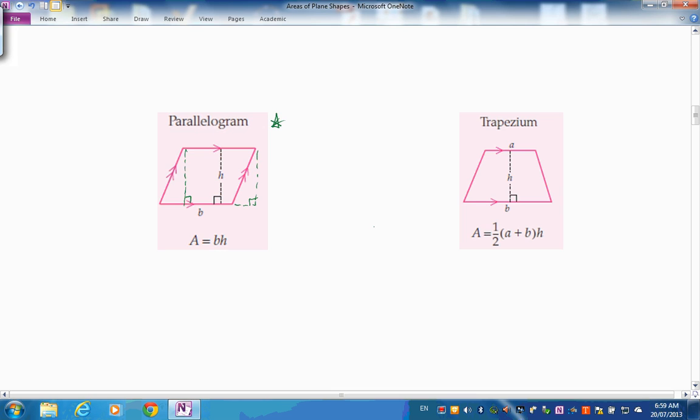So, if you do that, this will complete a rectangle in there. And what do you notice about the green rectangle?